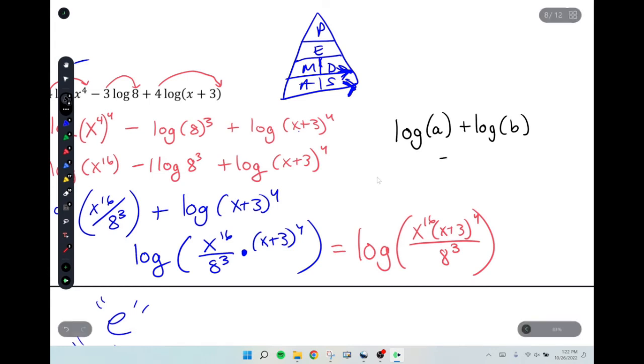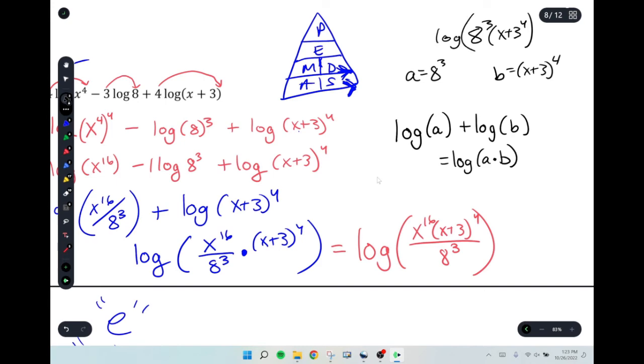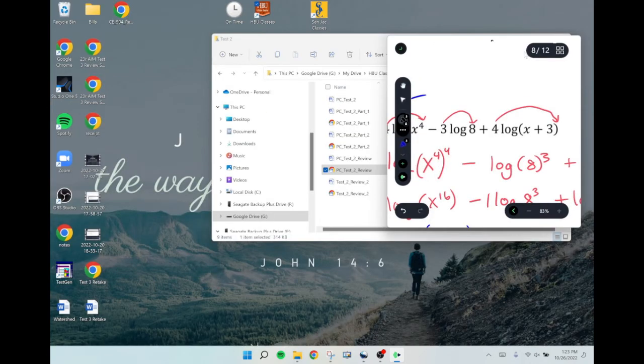The way to see that in a simpler way is log of A plus log of B equals log of A times B. In my brain, I just label them: A equals 8 to the 3rd, B equals all that other stuff. Without the log, multiply those two things, and then throw that inside of a log.